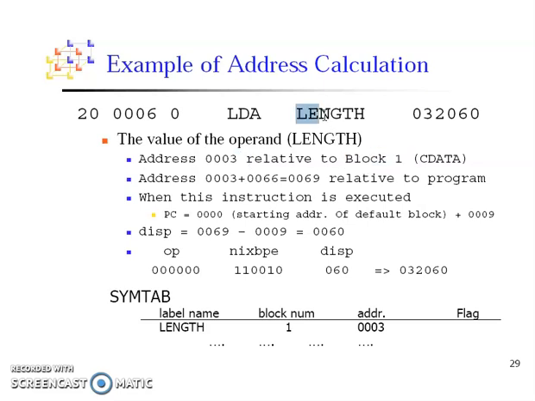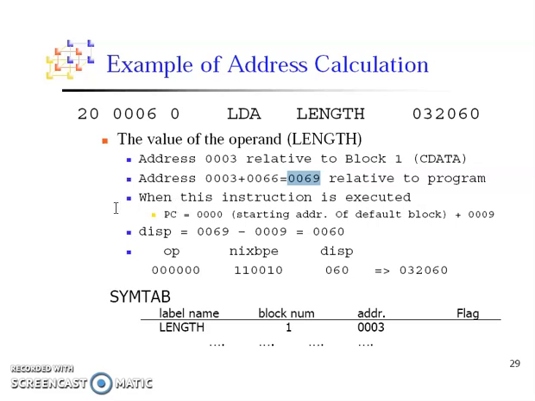So the LENGTH variable is defined in block 1, that is the CDATA block, and the relative address is 0003 inside that block. So the address can be found as 0003 plus 0066. Why 0066? It is the starting address of the CDATA block. This equals 0069, relative to the starting address of the program.